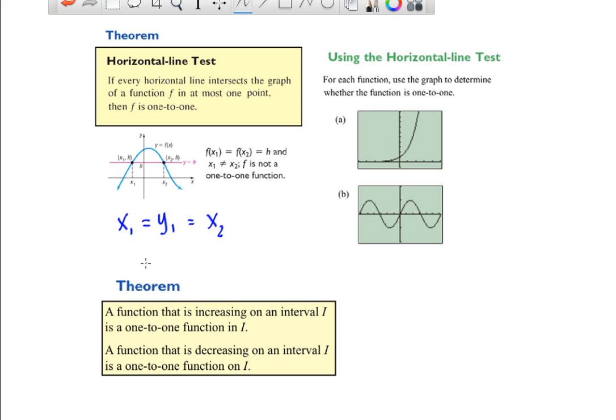Not one-to-one. It's really easy to work with. I can only get one intersection at a time. One-to-one. Over here, this horizontal line has 1, 2, 3, 4 intersections, so this one would be not one-to-one.